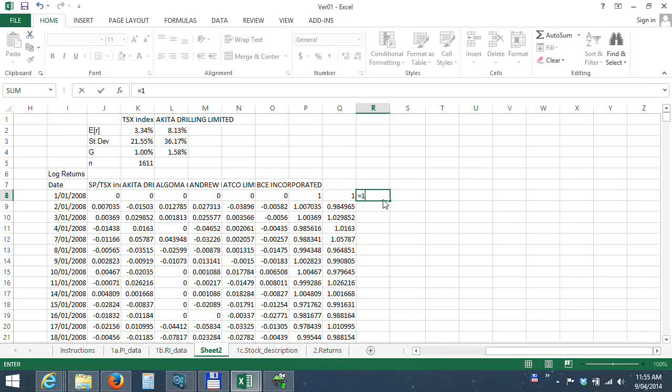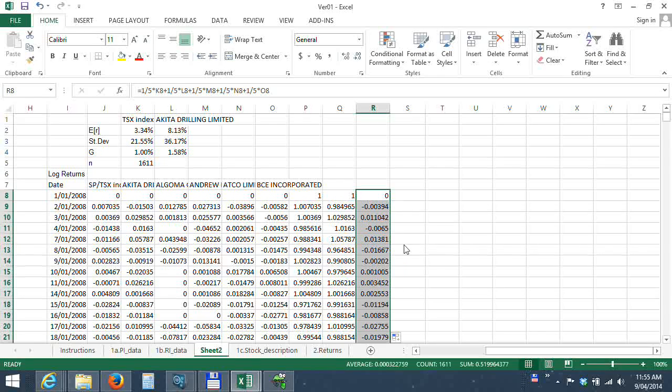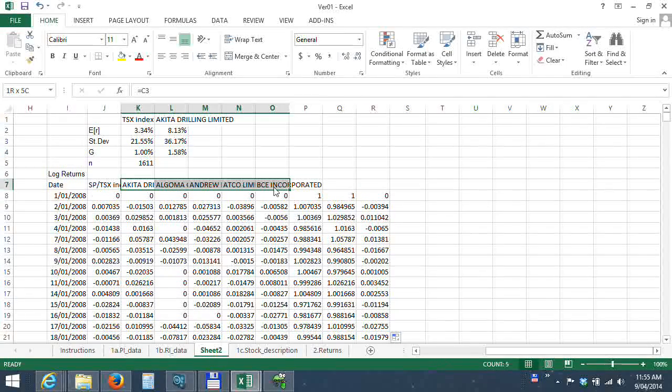So I'm going to take 1 over 5 times the return on Akita plus 1 over 5 times the return on Algoma plus 1 over 5 times the return on Hydropeller plus 1 over 5 times the return on ATCO and 1 over 5 times the return on the BCE. I'm going to copy the reference down. So these are the returns on the equally weighted portfolio comprised of these 5 stocks.